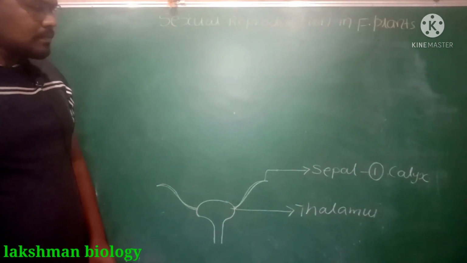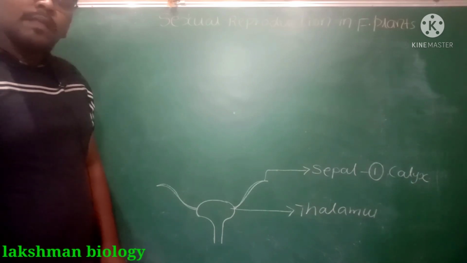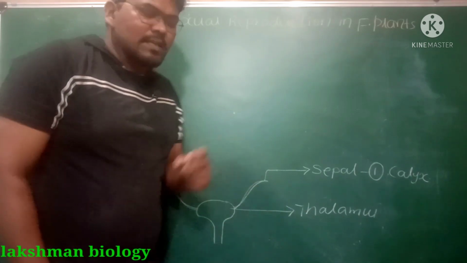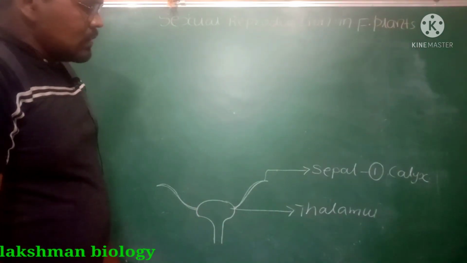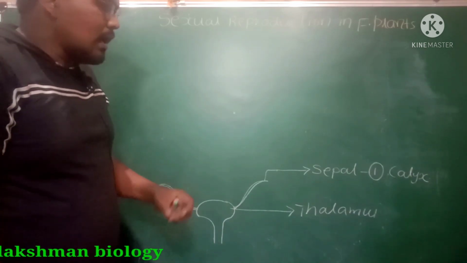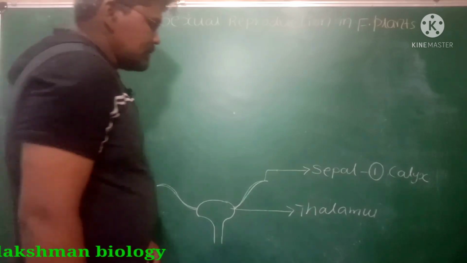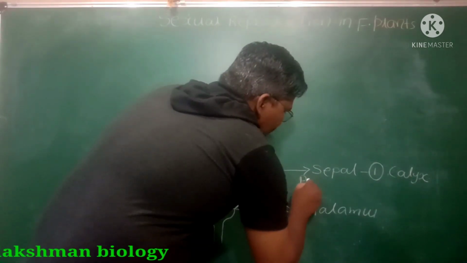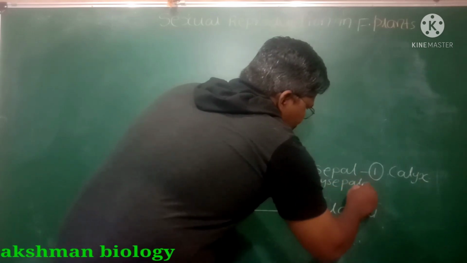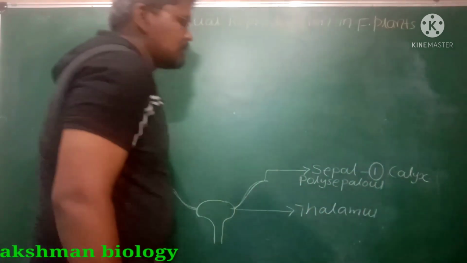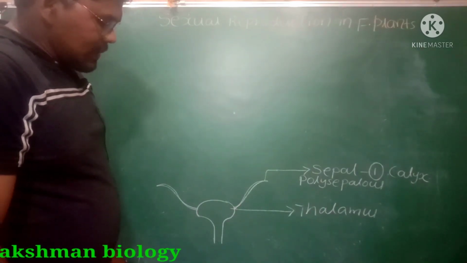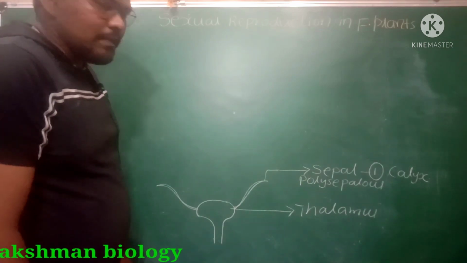See, a flower may contain more than one sepal. If the flower contains more than one sepal, they may be fused or may be free. If sepals are free, then that is called polysepalous. Polysepalous means the sepals are free.